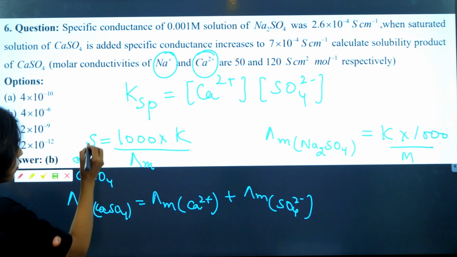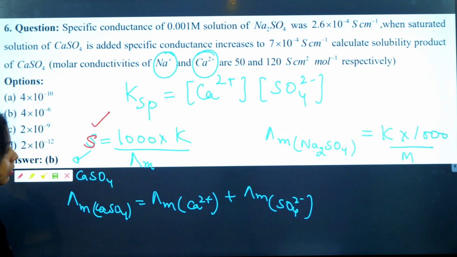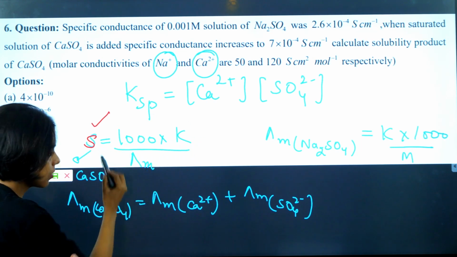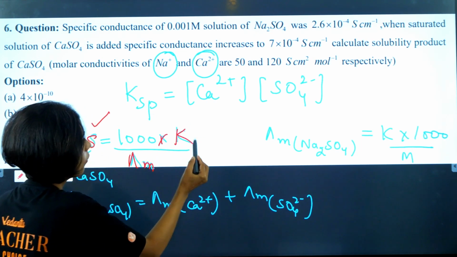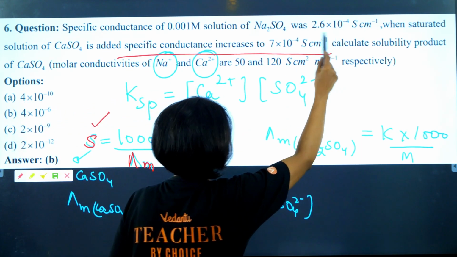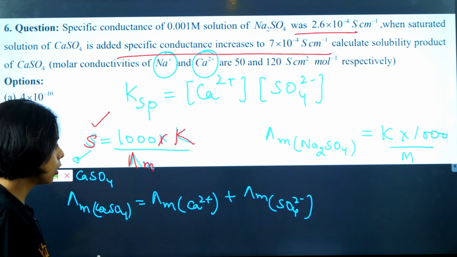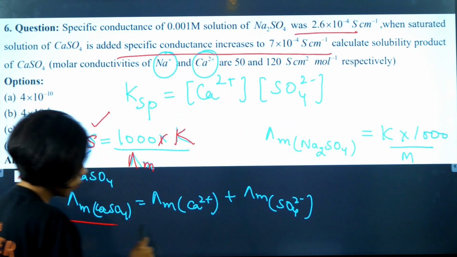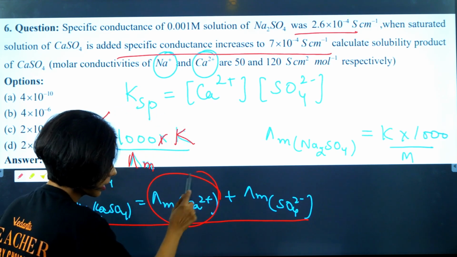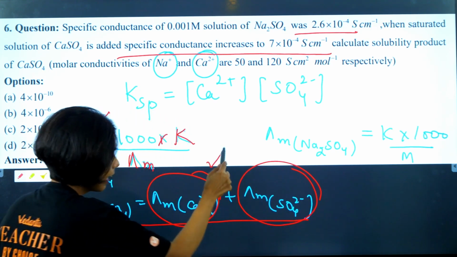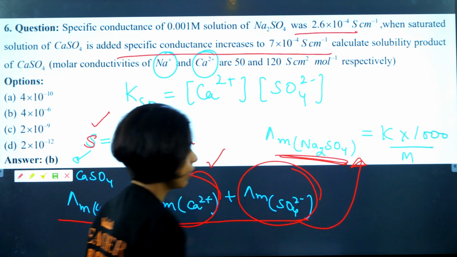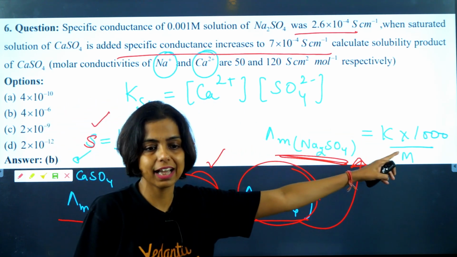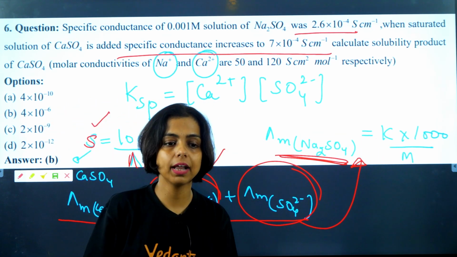So here you can see the solubility. How can you calculate it for calcium sulfate? Using molar conductance and kappa. Kappa of calcium sulfate you can calculate from this equation, the difference between the two. For the molar conductance of calcium sulfate, you need the molar conductance of calcium and sulfate. Calcium is given. Sulfate you can calculate from the molar conductance of Na2SO4, which you can easily calculate using kappa into 1000 upon m.